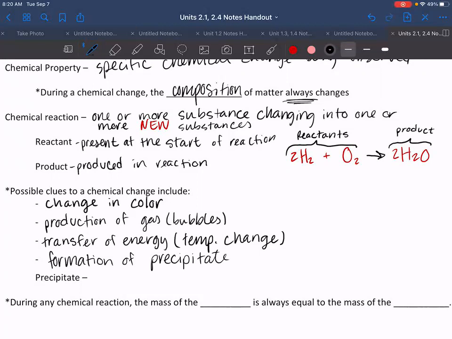It's a solid that's produced. It's a solid that forms out of liquid. Sometimes when you mix two liquids together, a solid actually forms. That is definitely an indication of a chemical change because something new is being produced.